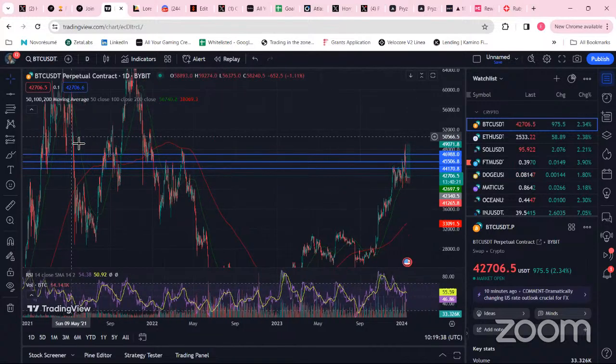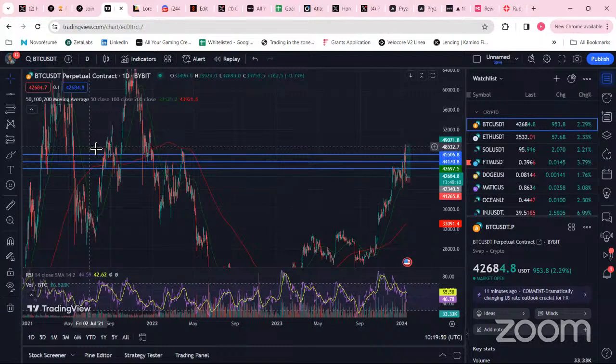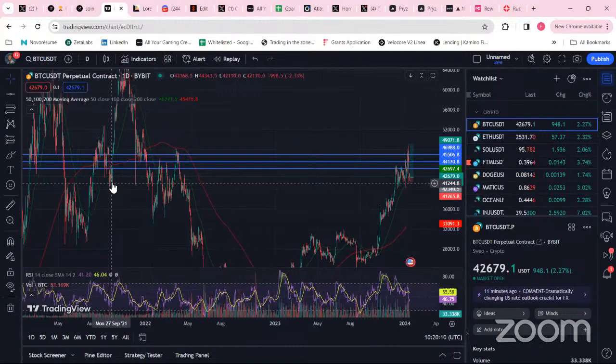You can see where the rejection happened is a very big resistance level somewhere between 48K and 50K. There was a rejection, but it still took us within the range that we've been trading in for a while.